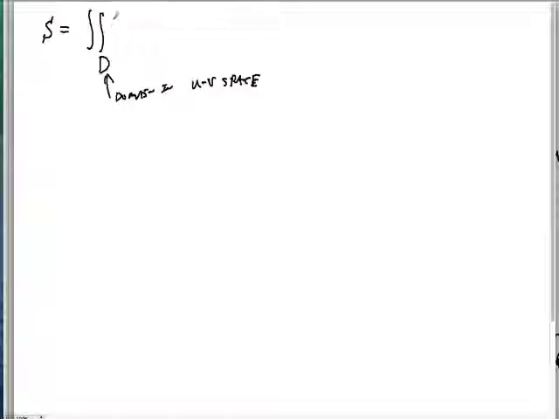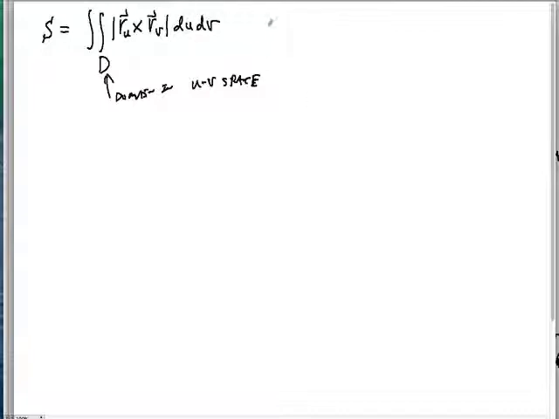It's going to be our vector function defining the surface, partialed with u, cross product with our vector function that defines the surface, partialed by v, and we take the vector norm of that. Our variables of integration are going to be du dv.